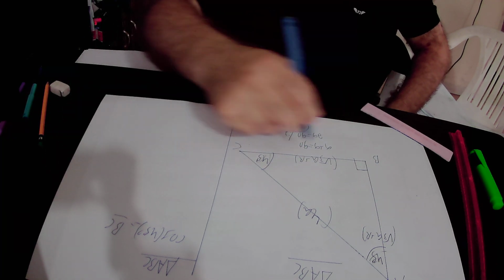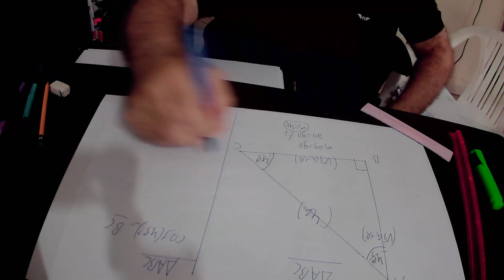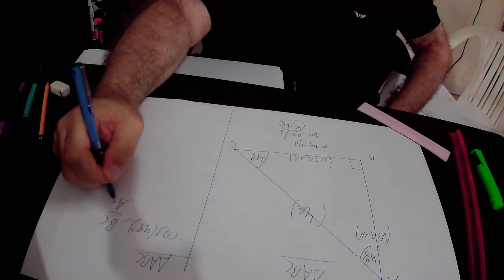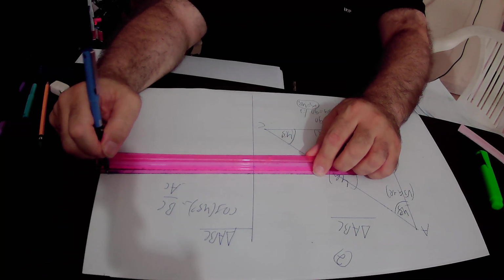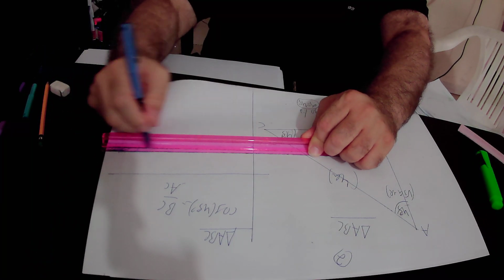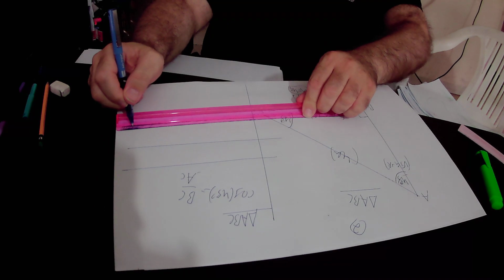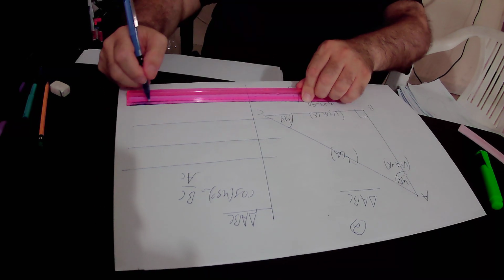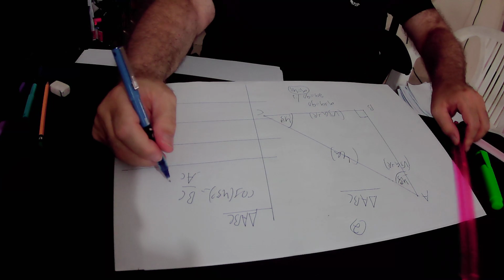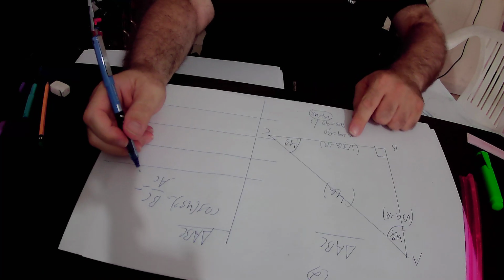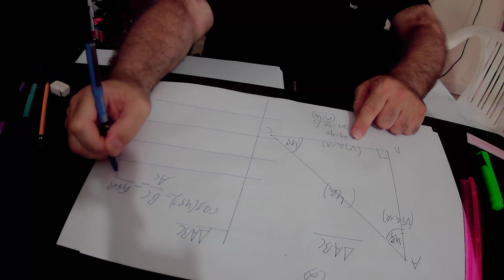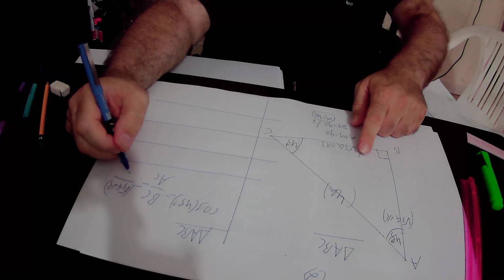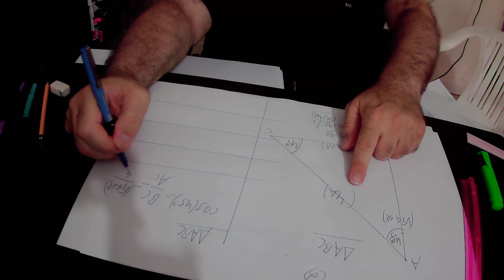Cosine 45 degrees equals BC over AC. So BC equals square root of 3 times A plus R, over AC. AC equals 4A, so we substitute AC by 4A.